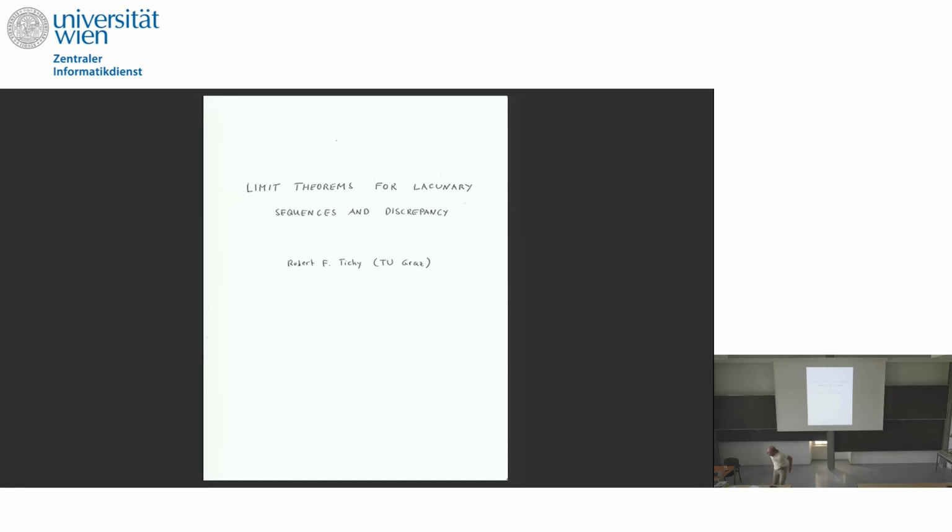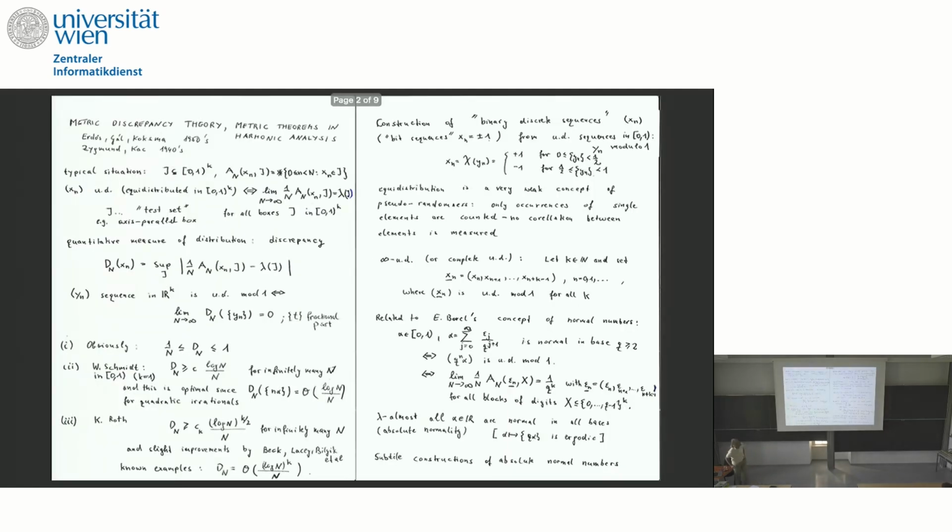Okay, so to be more serious, let me start with the lecture. The lecture is devoted to metric aspects of uniformly distributed sequences. In fact, I got interested in that kind of problems during these lectures of Wolfgang Schmidt. These aspects have a long tradition in harmonic analysis. It goes back to the 40s and 50s.